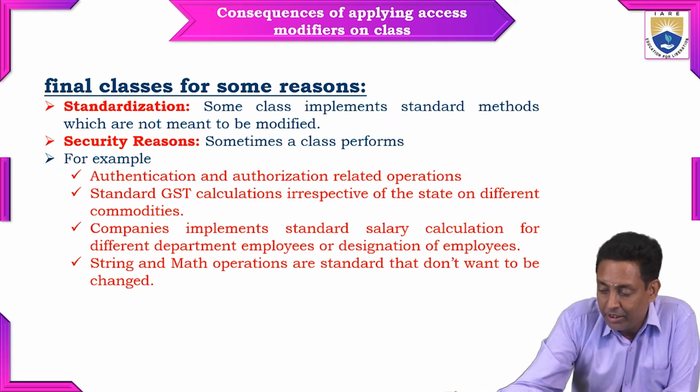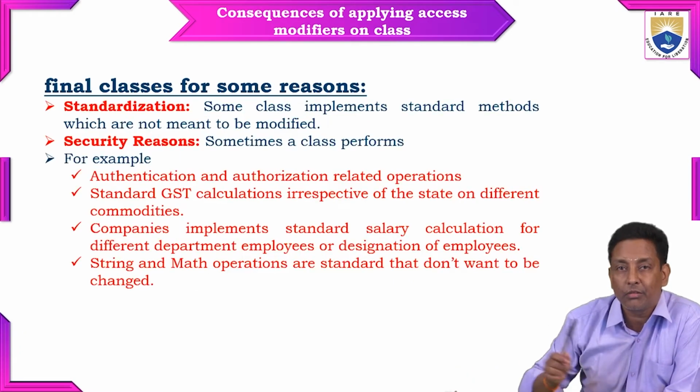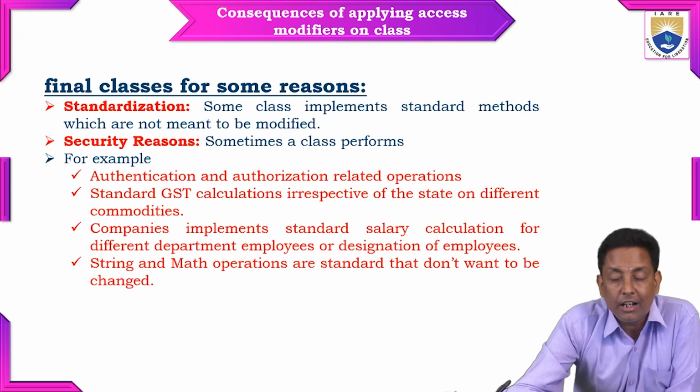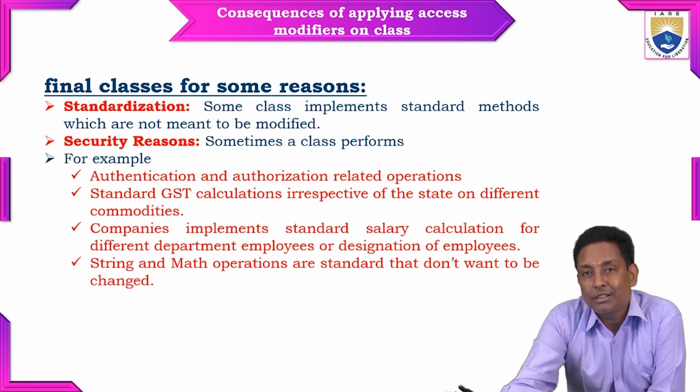And if you ask me the reason why a class is declared as final, here is an example. For standardization purposes, some classes implement standard methods which are not meant to be modified.